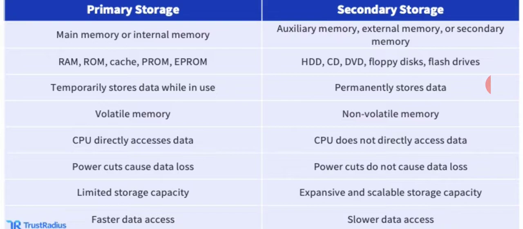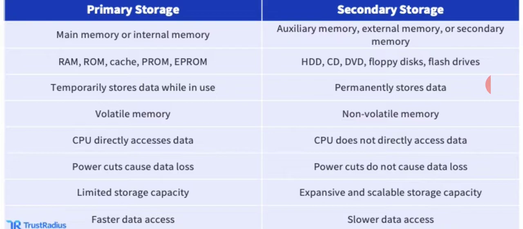Here are some examples of primary memory as I have told you earlier: the RAM, ROM, PROM, EPROM, whereas the examples of secondary memory are SSD, CD, DVD, floppy disk, flash drives, pen drives, etc. I know you know many more examples of secondary memory.